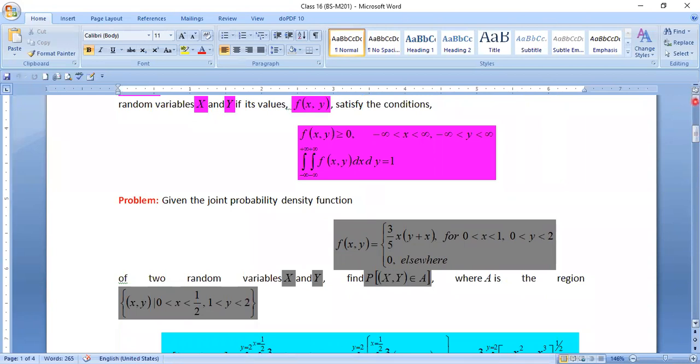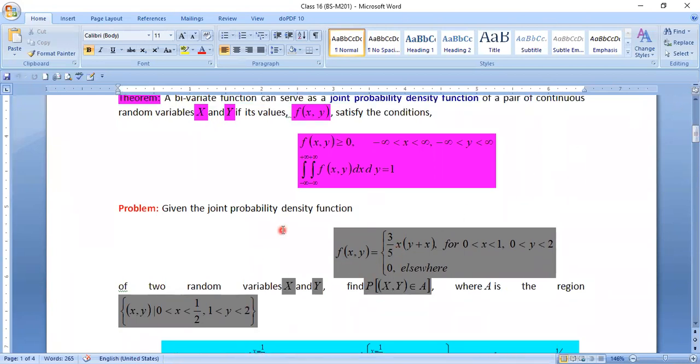Now, the solution is written below, but I'm asking the students to try this particular problem by yourself. Okay, put the double integration, put the limits, and try to find out what is coming, what you are actually finding out by calculating this particular thing.